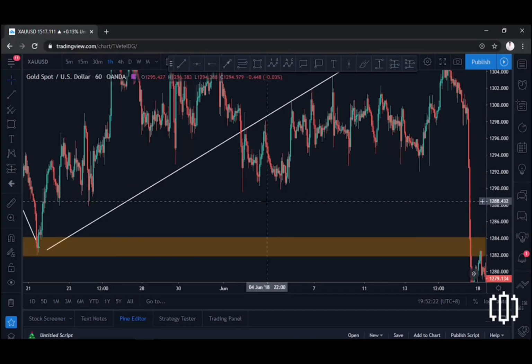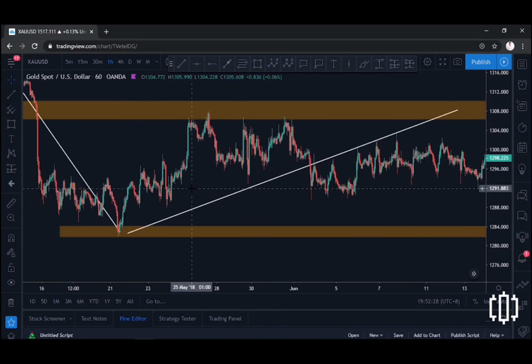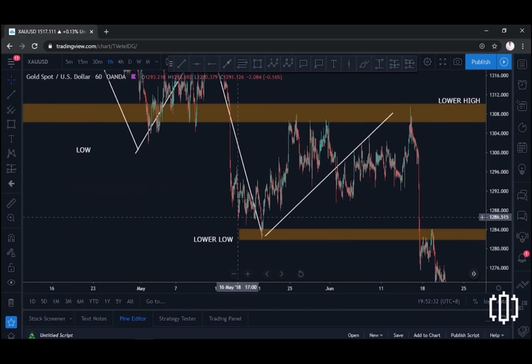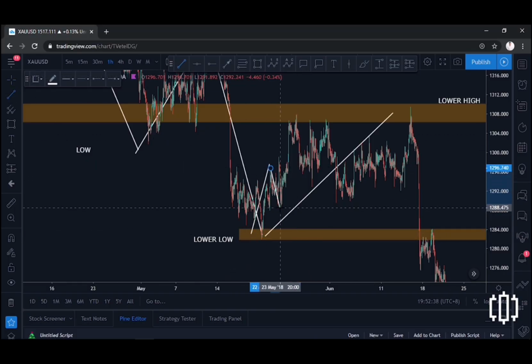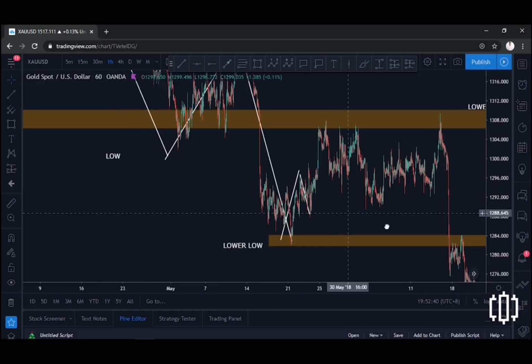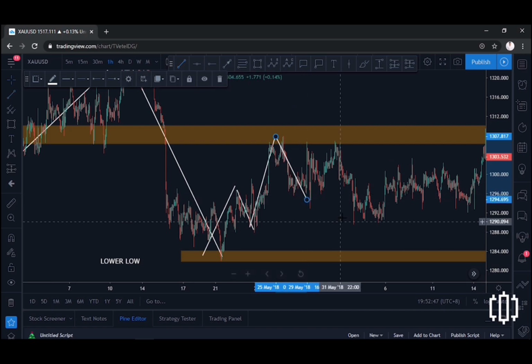So, sa H1, marami ring support and resistance at marami rin siyang market structure na ginagawa. Okay. So, ikaw, kung mapapansin mo, kung gagawin mong ganito, okay. So, ito yung push. Ito yung pullback. Tama naman. Okay? Ito yung push. Tama? Then, ito yung pullback.